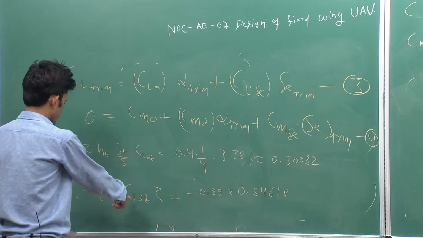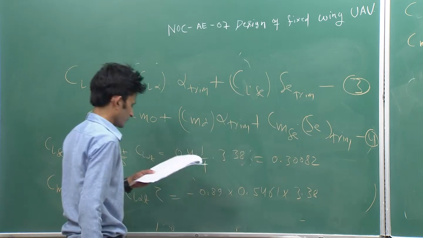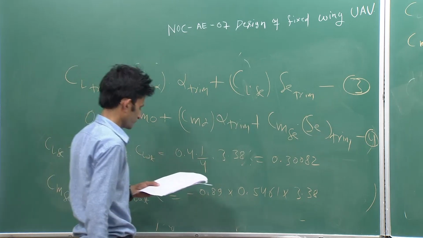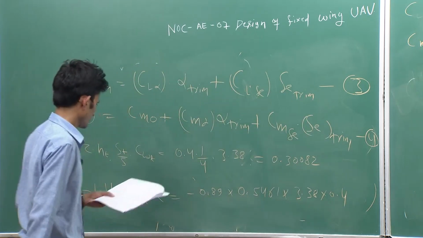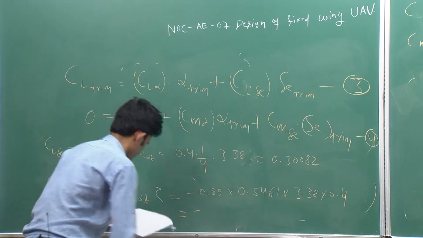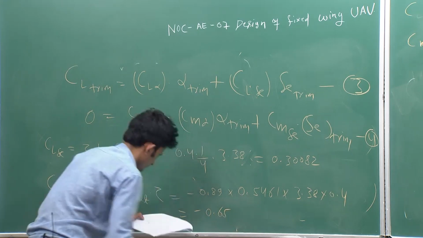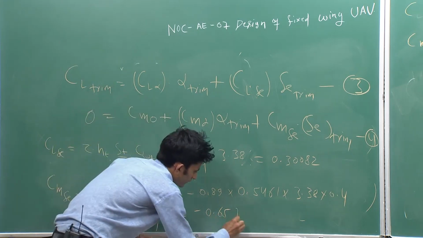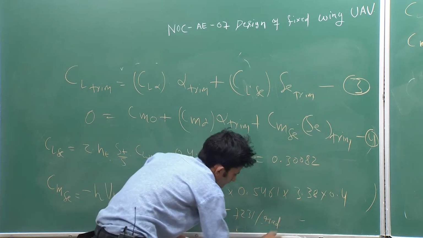Your CL alpha tail is 3.38 per radian into tau. So your answer will come minus 0.657231 per radian.